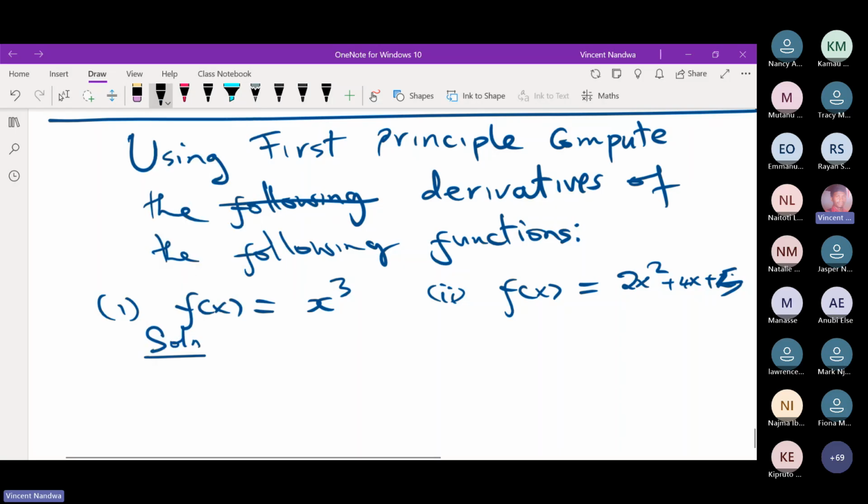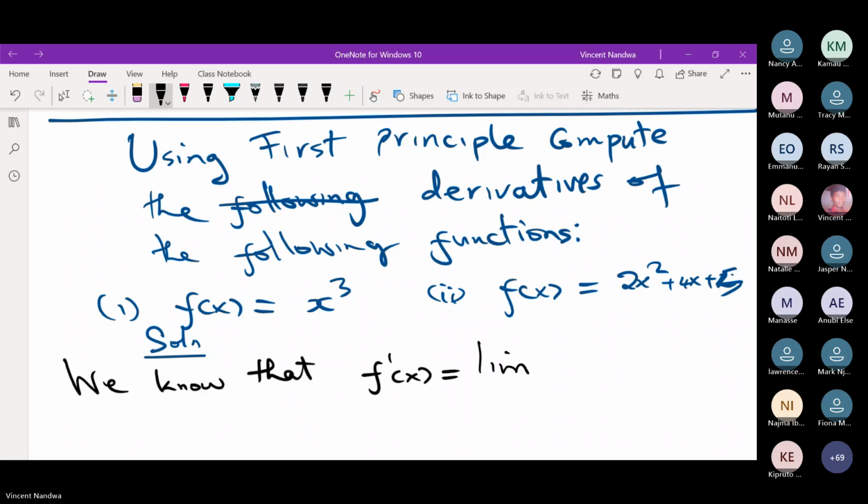So to work this out, we know that the derivative f prime of x is given by the limit as h approaches 0 of f of x plus h minus f of x, divided by h.